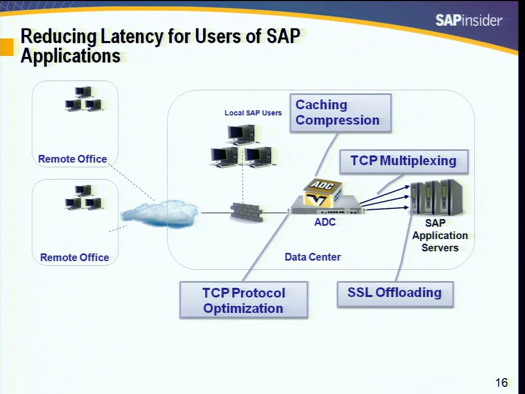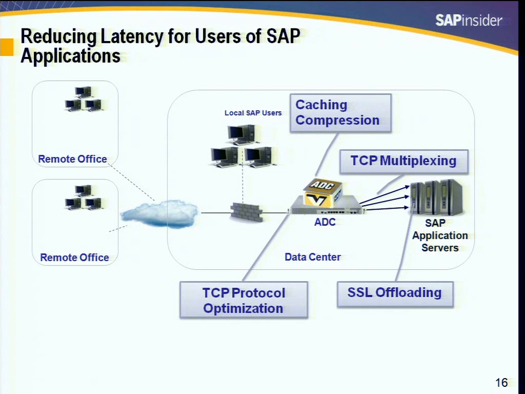Then, of course, SSL offload is one of the big use cases in this scenario of reducing latency. The SSL handshake all the way from client to server is an expensive operation, right? So with SSL offload, instead of performing the SSL transaction directly on the SAP instances or SAP servers, you offload that to the ADC in front of these SAP servers.